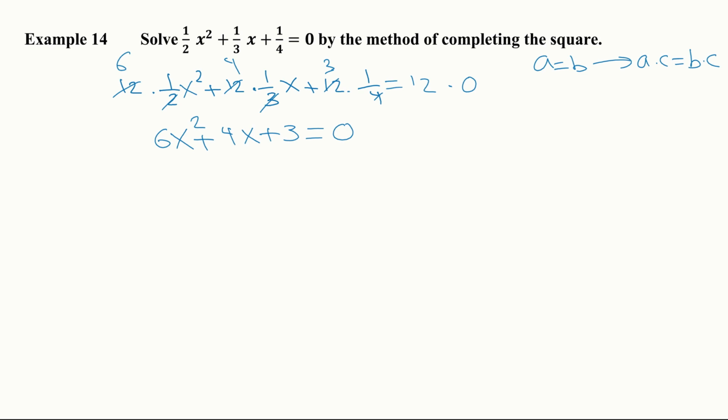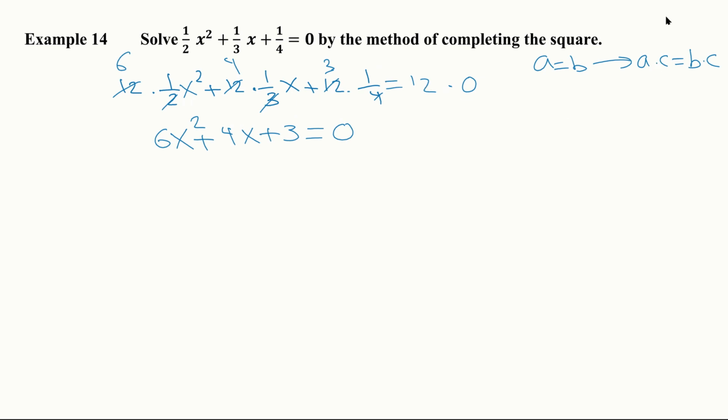So this is the step you really want to be making sure you're not leaving anything behind and you're doing all of this correctly, okay? All this canceling, all right? So we have 6x squared plus 4x plus 3 equals 0.